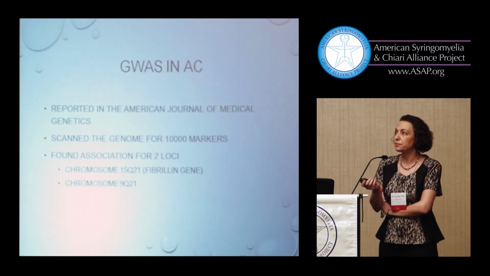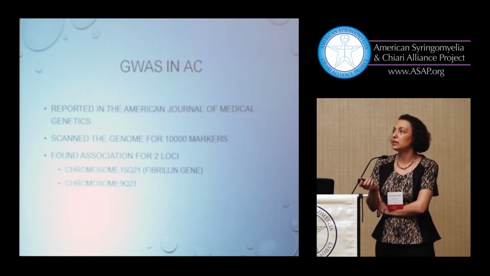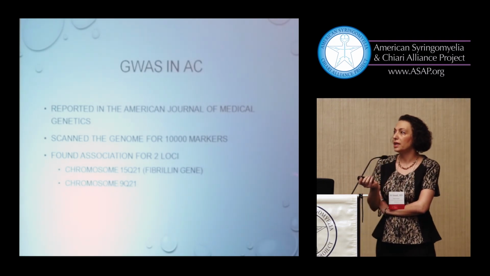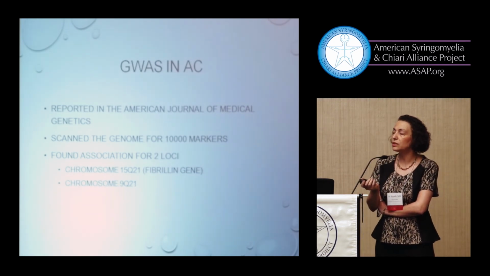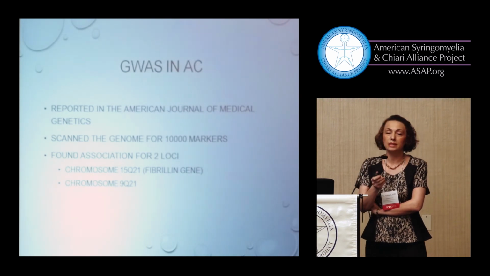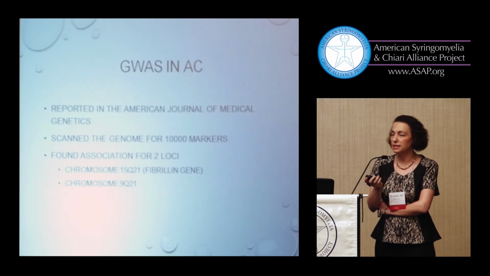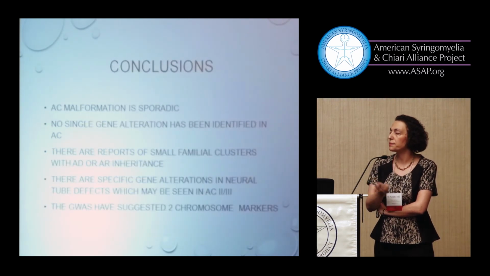One of them is on chromosome 15. It's called fibrillin gene. And the other one is on chromosome 9. And again, these are susceptibility factors and not necessarily disease-causing genes.